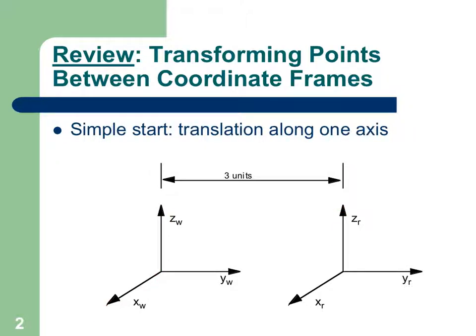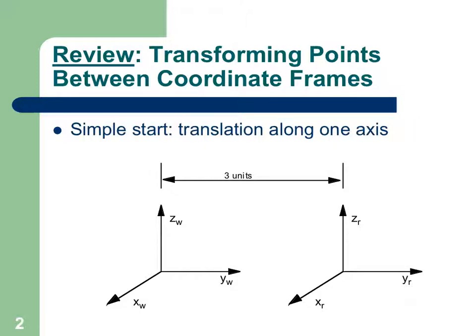The x-axis for world points in the same direction as the x-axis for robot. The y-axis for world points in the same direction as the y-axis for robot. And the only difference is that the origin of the world coordinate frame is 3 units to the left of the origin of the robot coordinate frame.